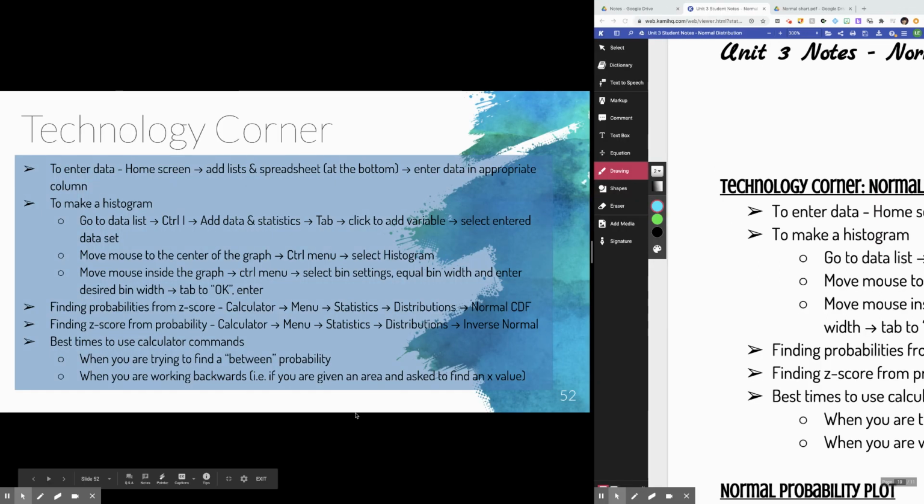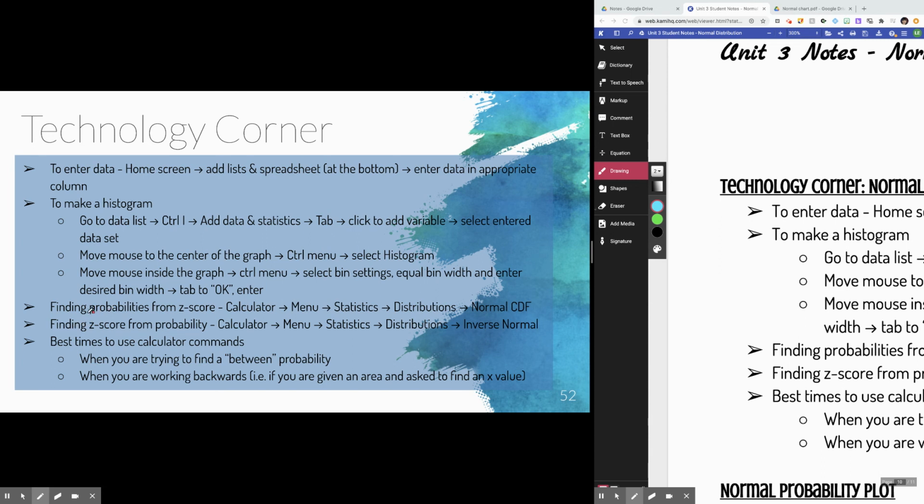All right, y'all. So here is our technology corner. On your TI Inspire calculator, you have the ability to find these probabilities using the calculator rather than using a z table.